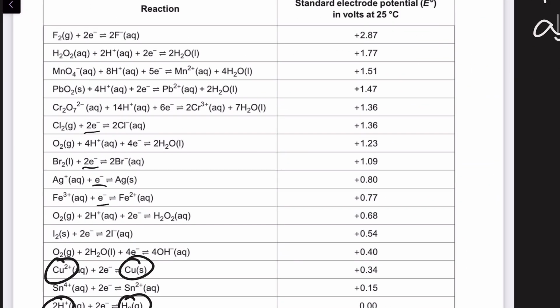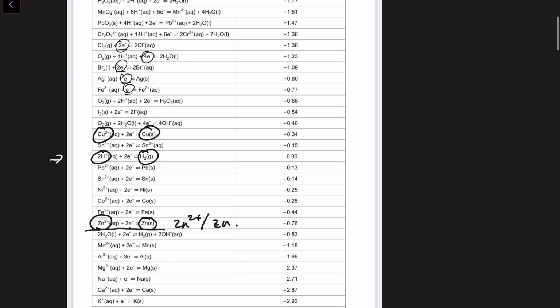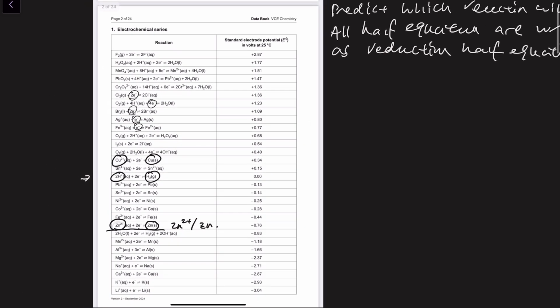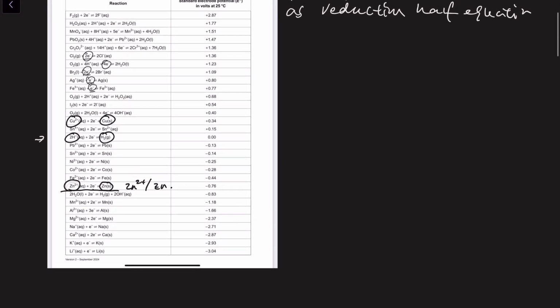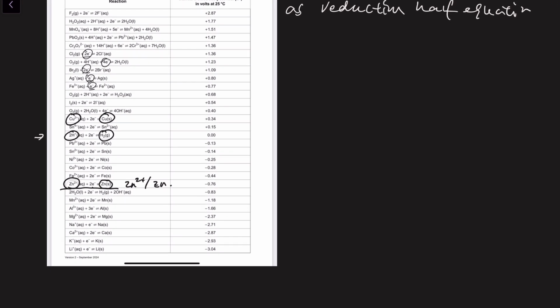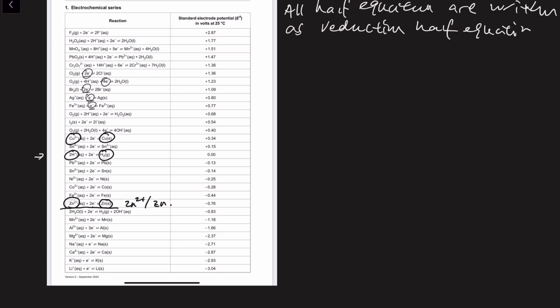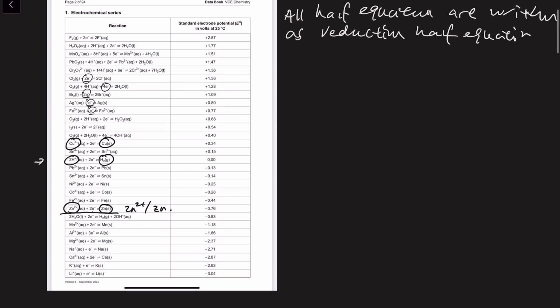So everything is actually gaining electrons here. This makes it easy to see. If you have some as reduction half equations and some as oxidation half equations, everything would look very messy. So you must make a choice. You either write everything as reduction half equations, or everything as oxidation half equations. In this case, we have chosen to write everything as reduction half equations. This is not a problem, it's just a convention.